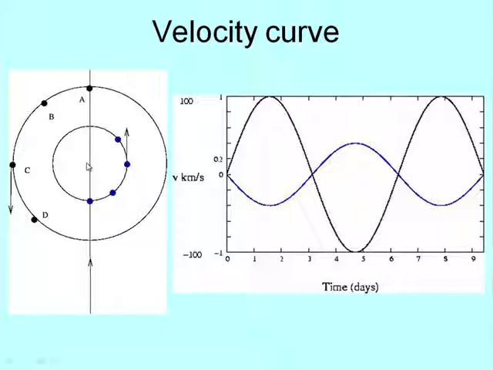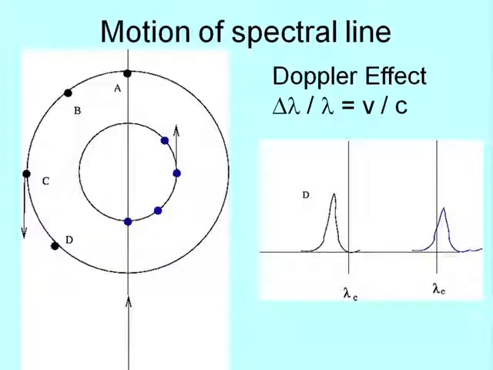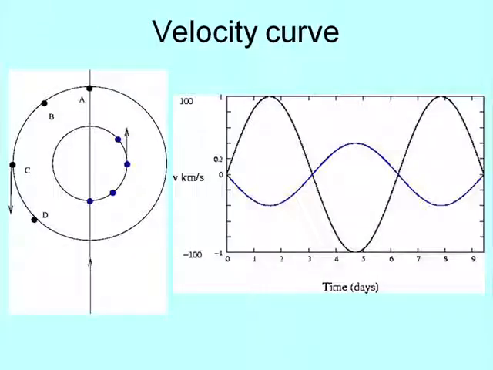We have seen all of this, and in this situation you can make out that even if you cannot make out the two stars, which is usually the situation in a spectroscopic binary, you see them as a single bright object on the sky. You will notice that the spectral lines shift, and if you can see spectral lines from both the objects, you can determine the velocity curve of the two objects.